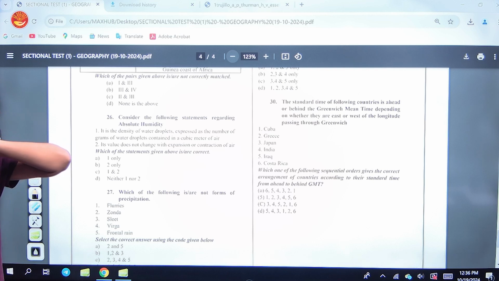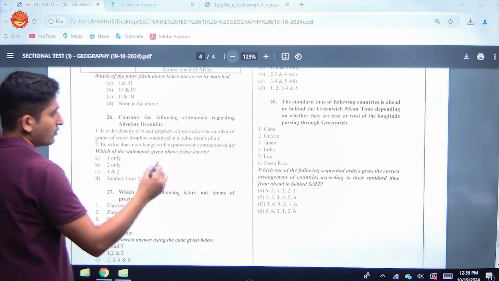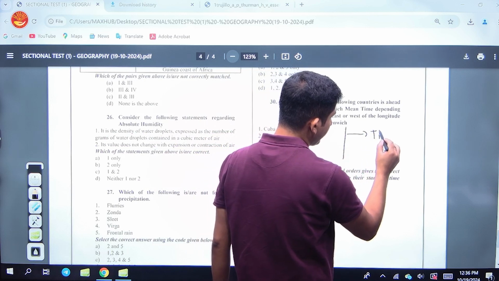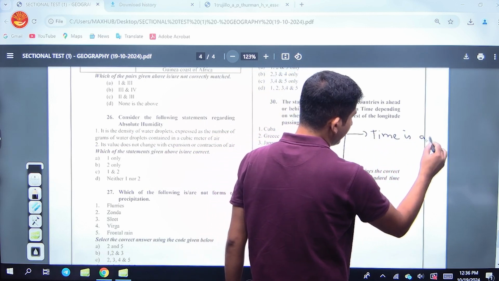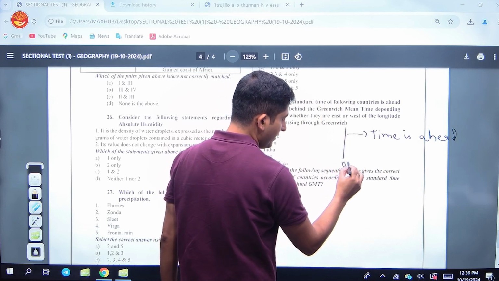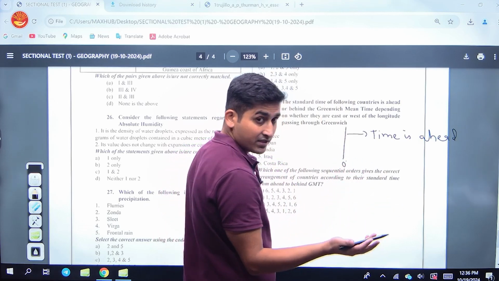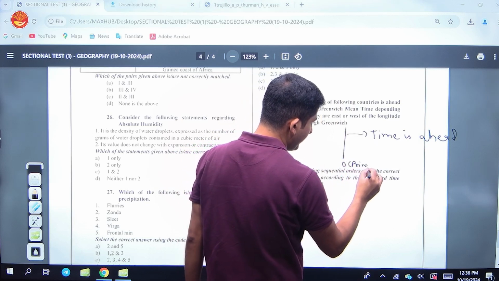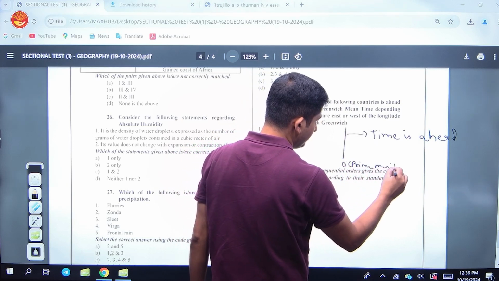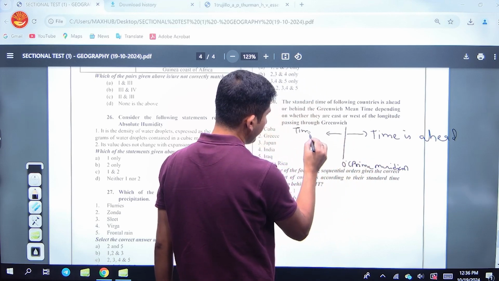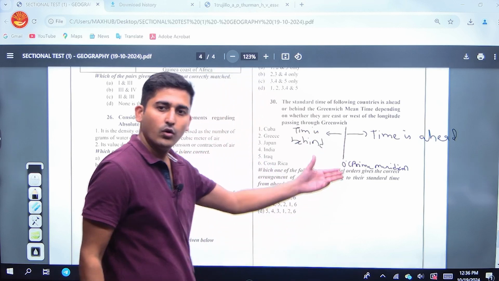Towards the east of Greenwich, the time is ahead. This is the 0 degree, this is your Prime Meridian, and the time is behind towards the west.